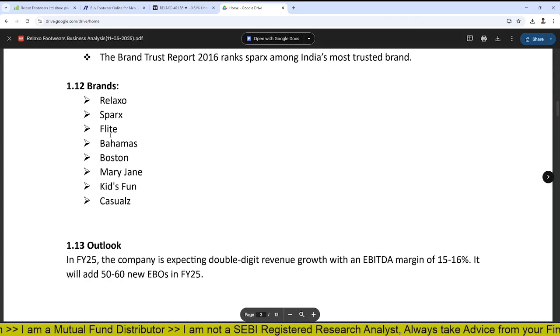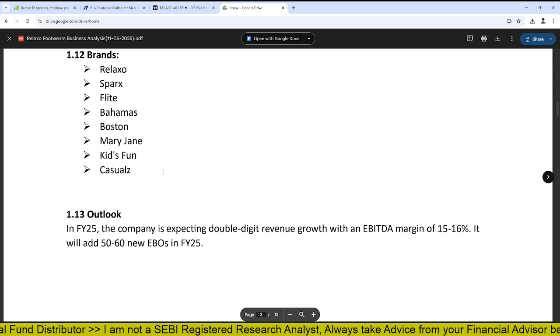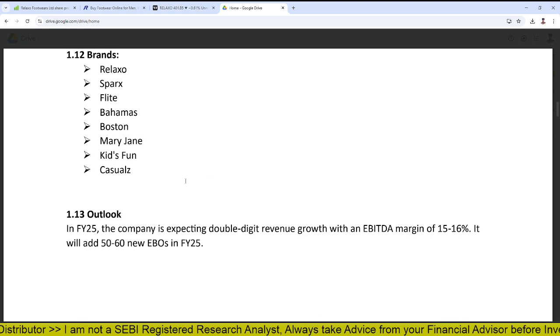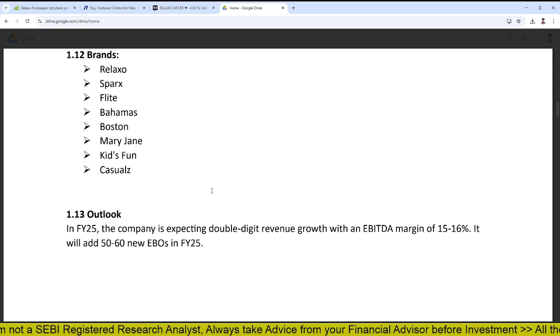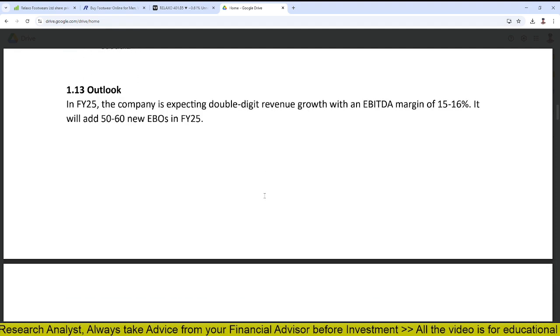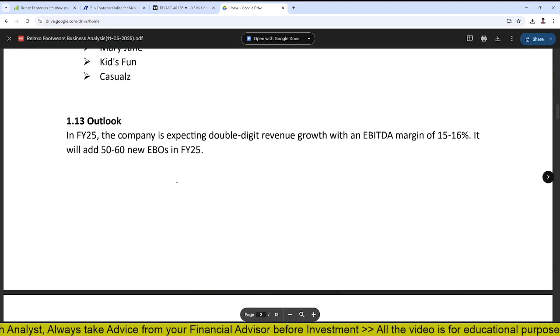We have already discussed Relaxo, Sparks, Flite, Bahamas, Boston, Mary Jane, Kids Fun, Casuals. These are the different brands which the company is providing to the nation as well as outside India. So what is the outlook?